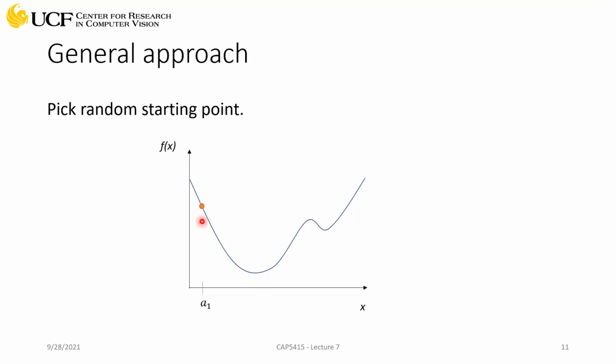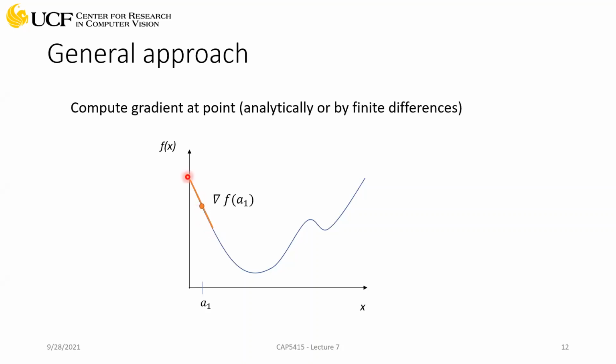So you randomly pick a starting point, let's say A1, all right? And then what you do is you find the gradient, and we have discussed gradient a lot in this course. So the gradient at this point will be the slope of this curve, okay? Something like this.